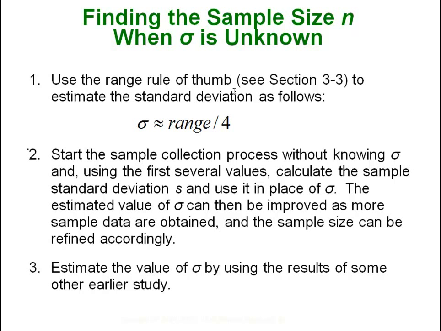Go out, sample some more, recalculate the standard deviation as you go, and if it changes your sample size, then you can refine accordingly. Or you can always just estimate what you think the population standard deviation is by looking at previous results. Maybe somebody has already collected some data in this area and they've already calculated a standard deviation, and you can use that as your best estimate.